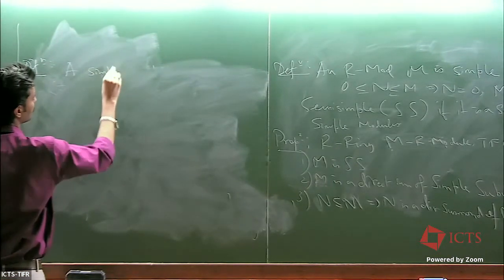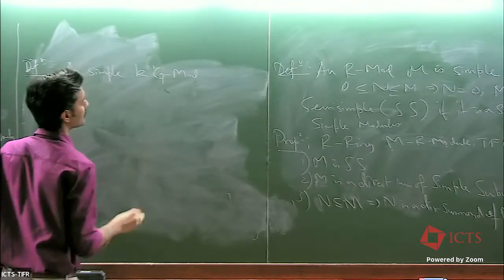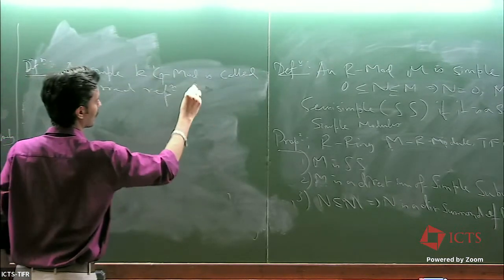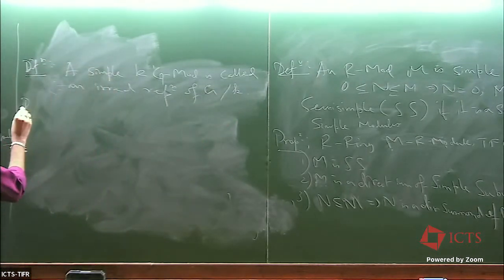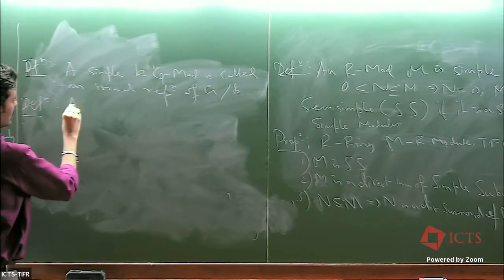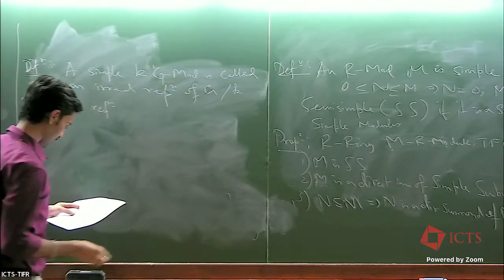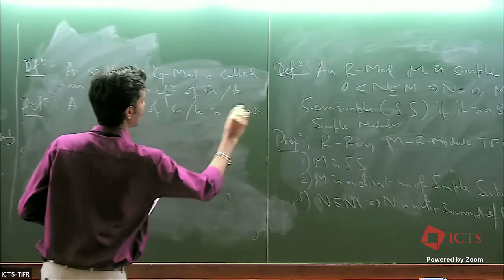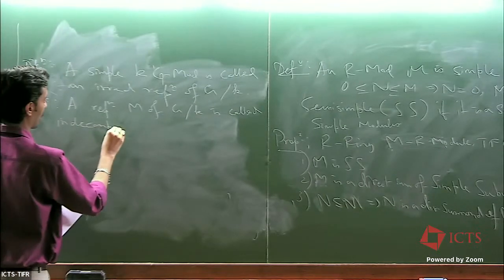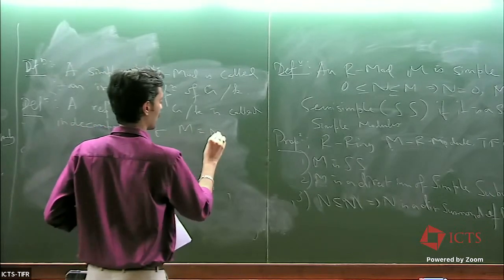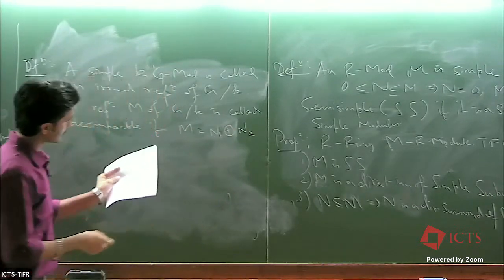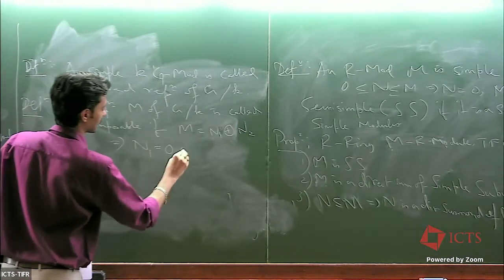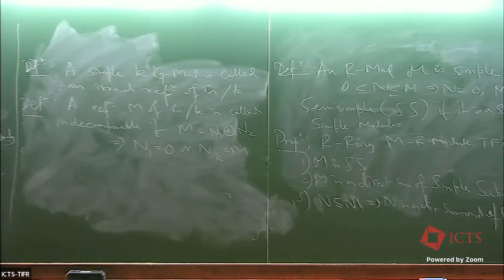A simple KG module is called an irreducible representation of G over K. And another concept is that a representation M of G over K is called indecomposable if whenever someone can break M into two components as a direct sum N1 and N2, where N1 and N2 are KG submodules, then this is the only case, or the other way around, that is up to permutation.